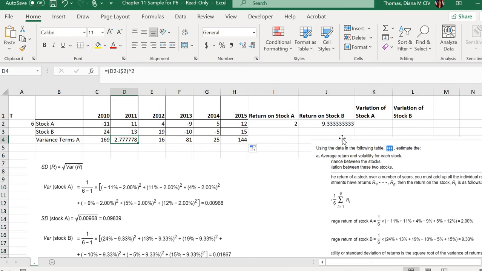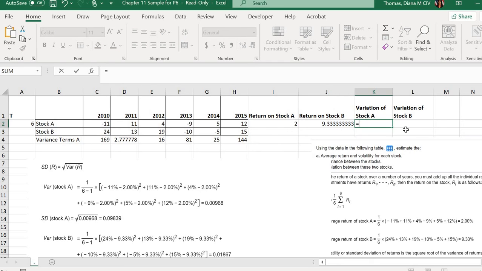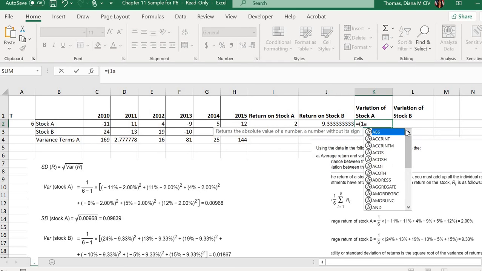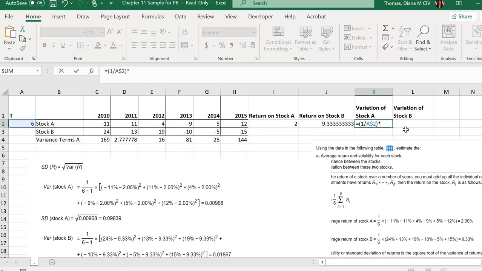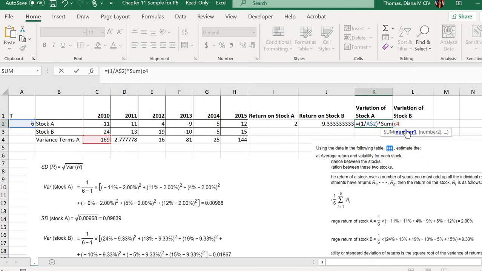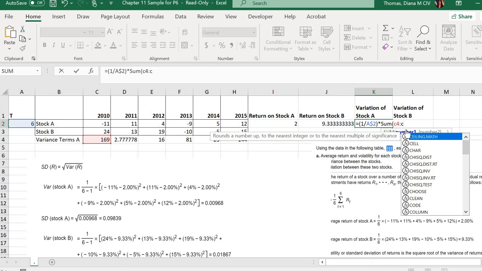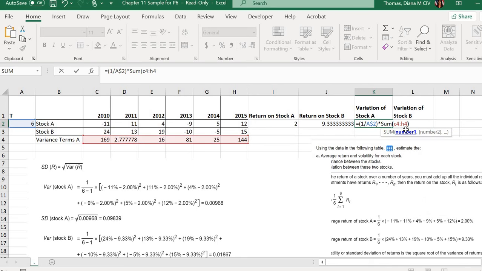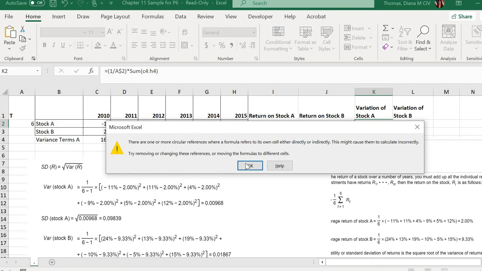And then what I want to do now is the variation. It's going to be equals 1 divided by $2, and then multiply by the sum of C4 to CH4. See, it highlights that whole row. And then let's see if it works. Oops.